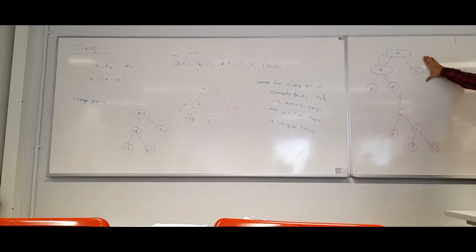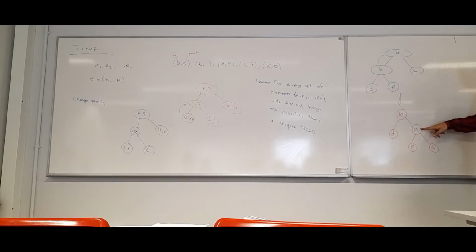Let's consider this graph and let's just consider the priorities. So what did I know before? I knew that the only violation of the heap property was between B and A. So this edge was the only place where a child had a priority that was larger than its parent. Okay? So in other words, D, E, and C all have priorities that are smaller than A. So I can put E and C below A here.